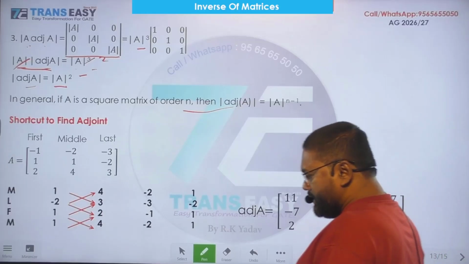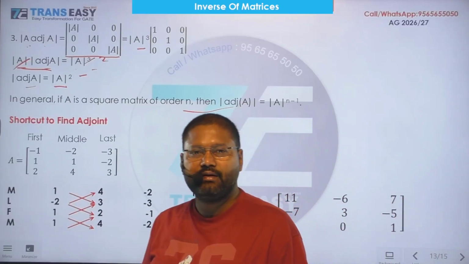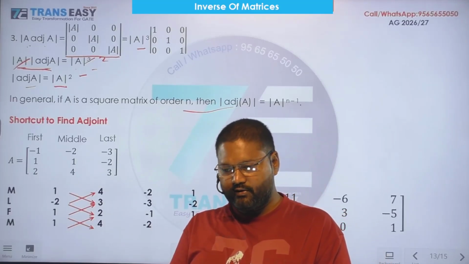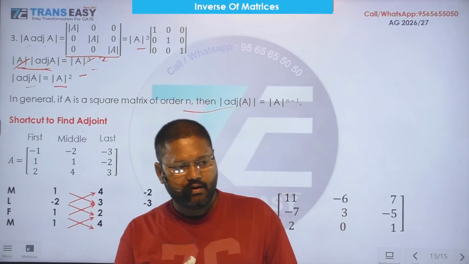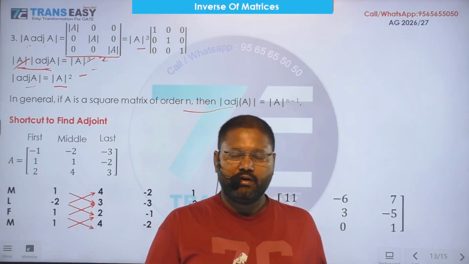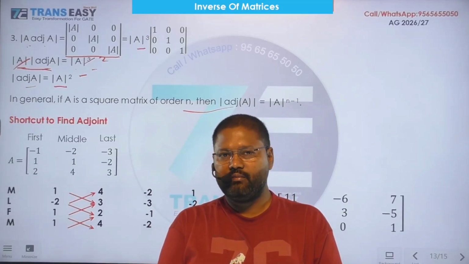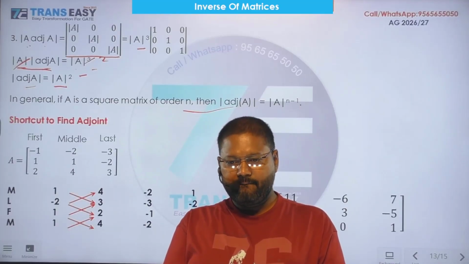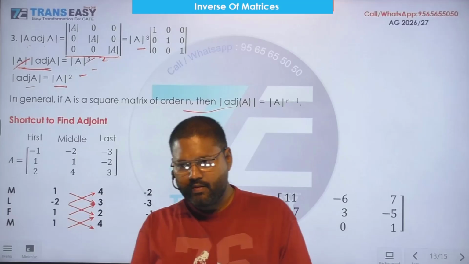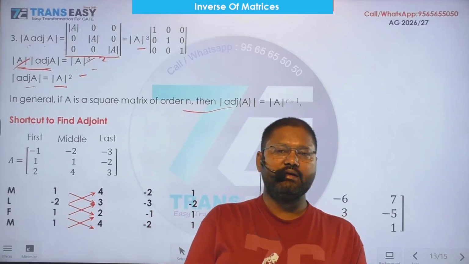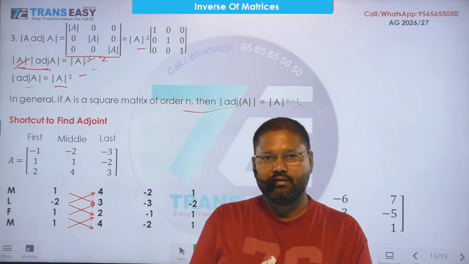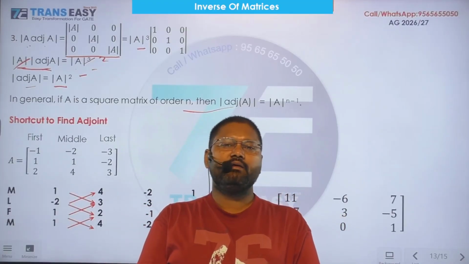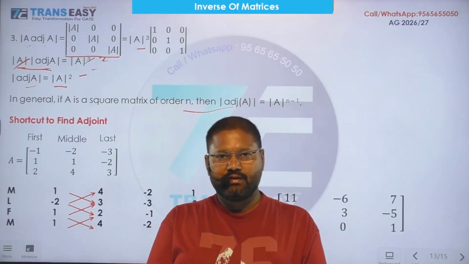Dear friends, calculation of determinant is required, and calculation of adjoint A is important to know the inverse of a square matrix, and finding adjoint A is a time-taking process, right?